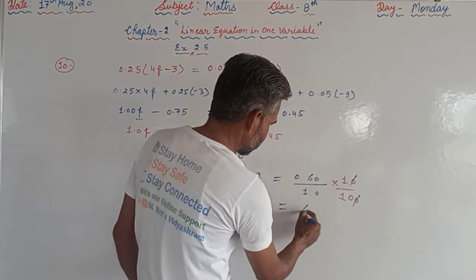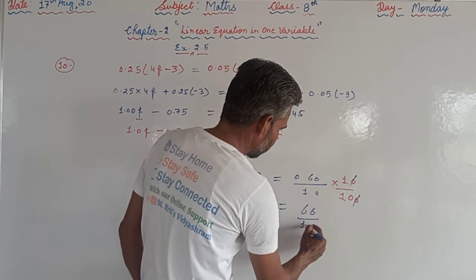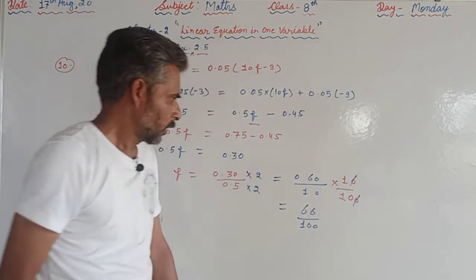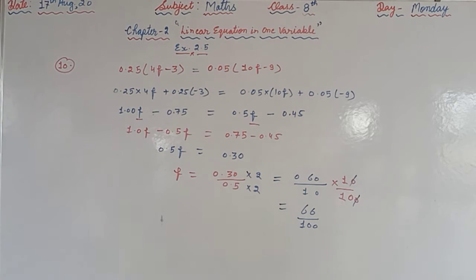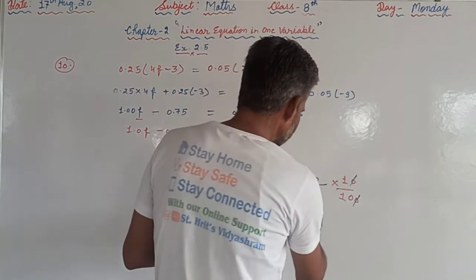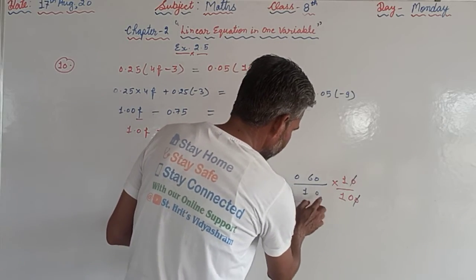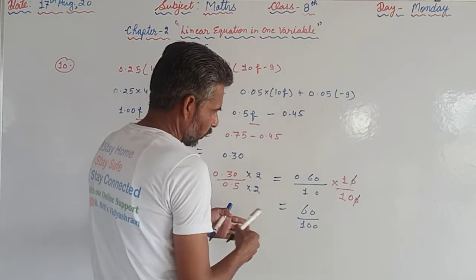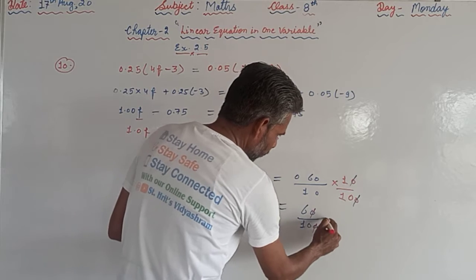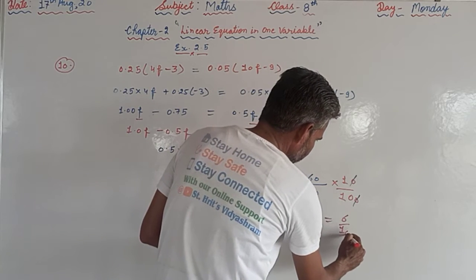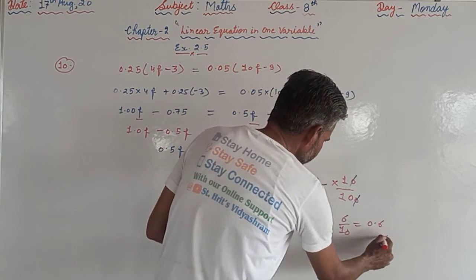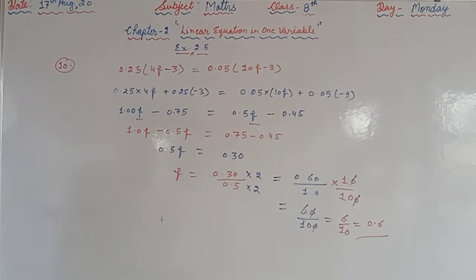Now here comes 66 upon 100. Note that 66 is 60. So again we can cancel out 1 0, and then 6 upon 10, that is 0.6 will be the answer.